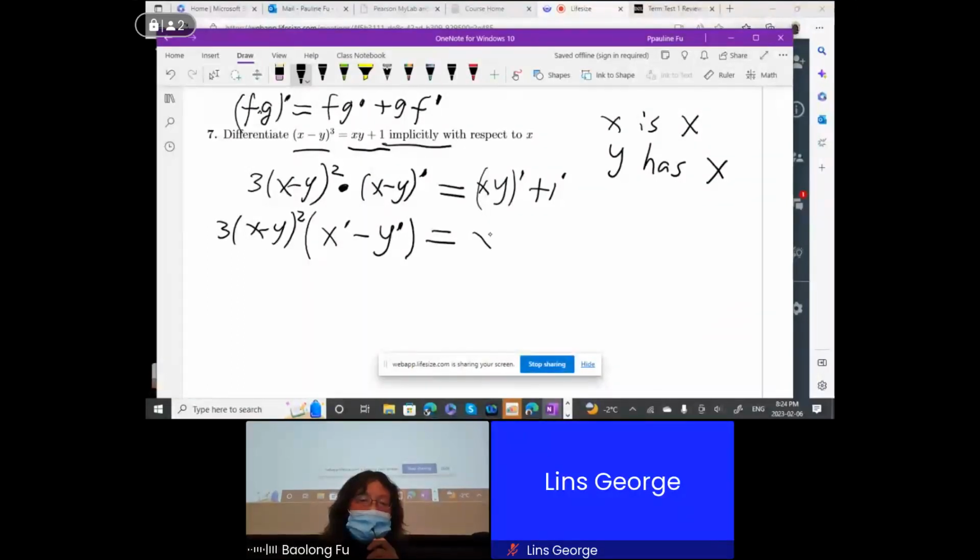So it is xy prime plus y x prime. The derivative of the constant 1 is 0. Questions?